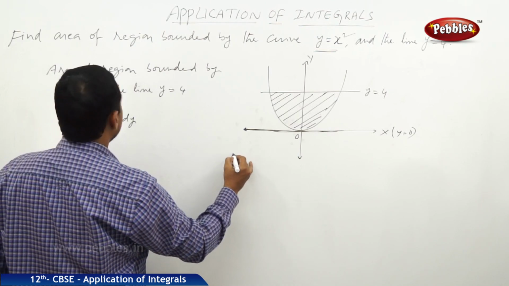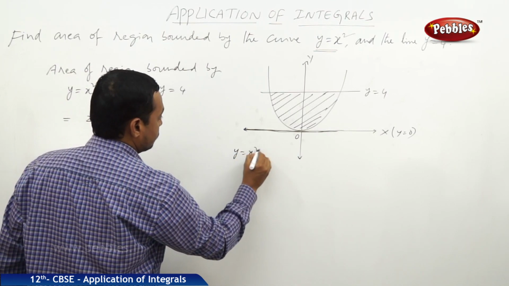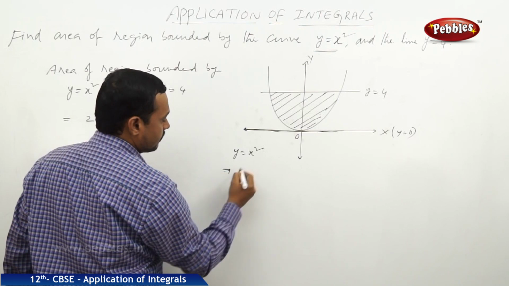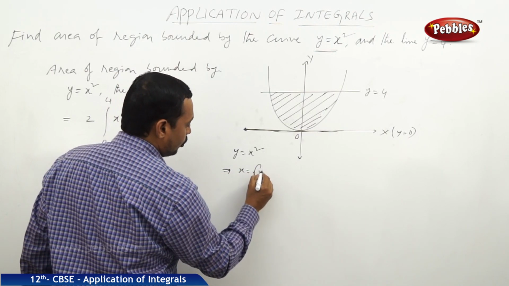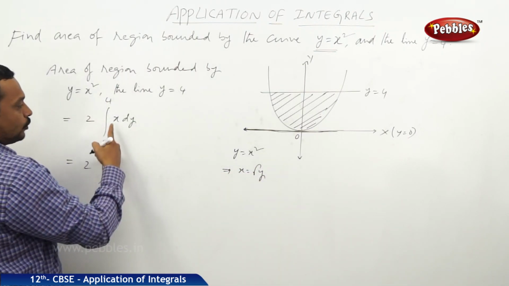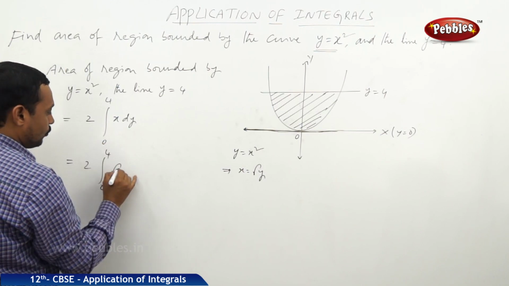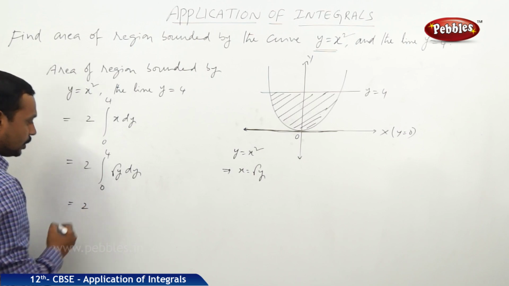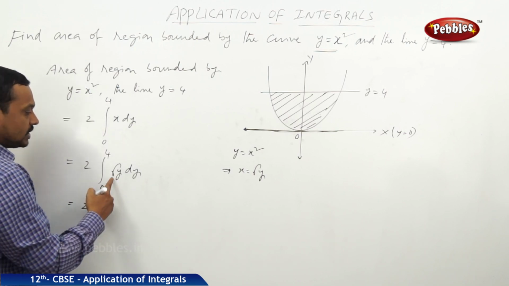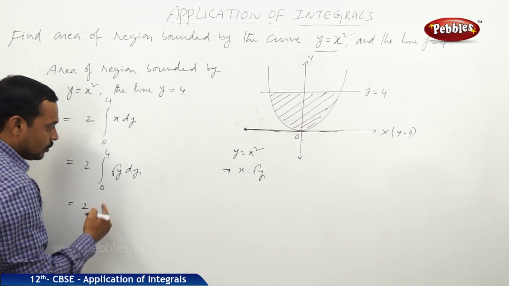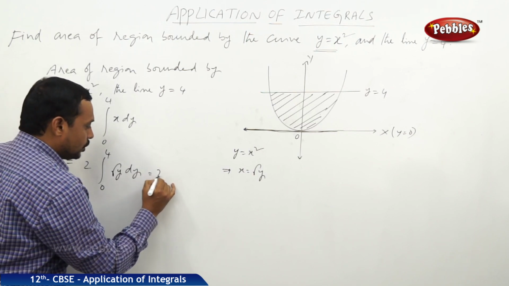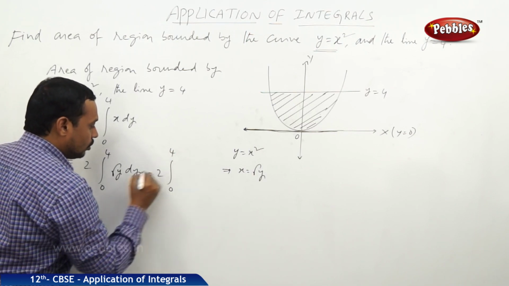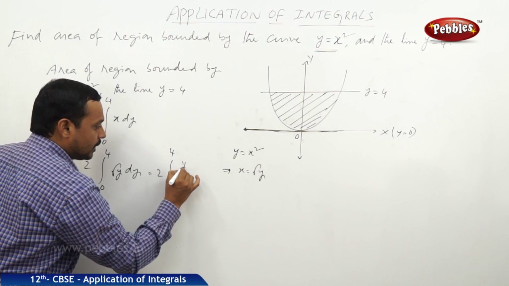Here the equation is given that y = x². From this, x = √y. Therefore, substitute x = √y here: √y dy. Now this is 2 into √y. What is the integral of √y? So √y means y^(1/2), so it is 2 times the integral from 0 to 4 of y^(1/2) dy.